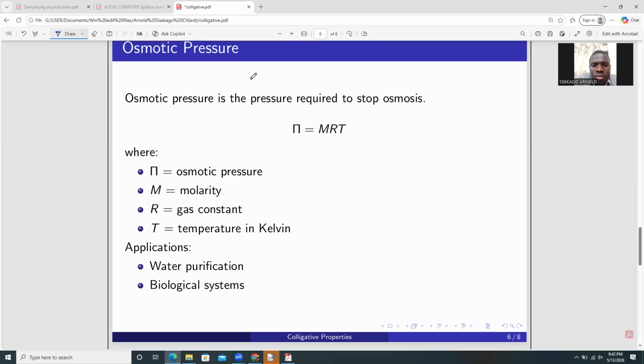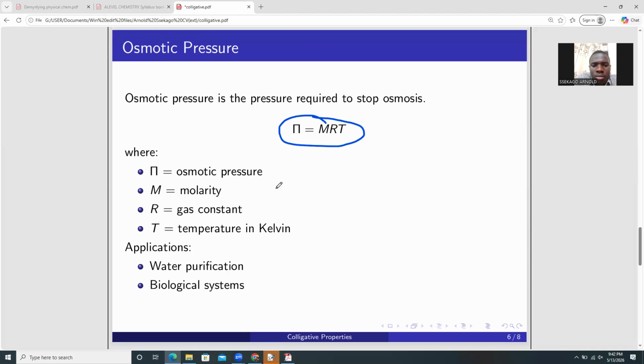Osmotic pressure also follows this relation, where pi is the osmotic pressure of the solution, M is the molarity, R is the molar gas constant, and T is the temperature in Kelvin. Applications: water purification, biological systems.